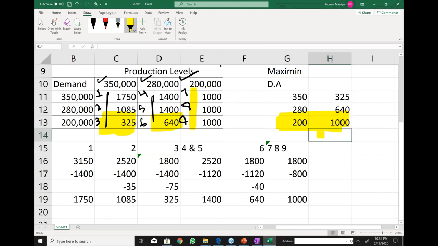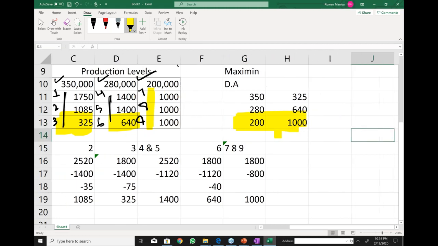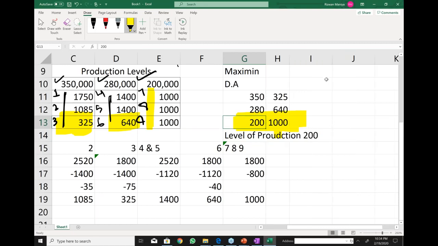This means the level of production is 200. Getting my point? Are we done with maximin, guys? I'm sure we are. No issue.